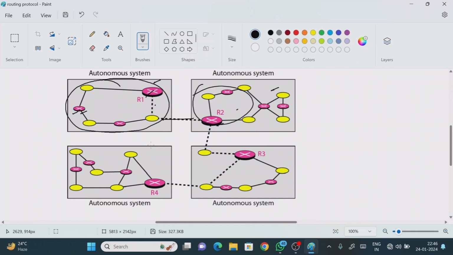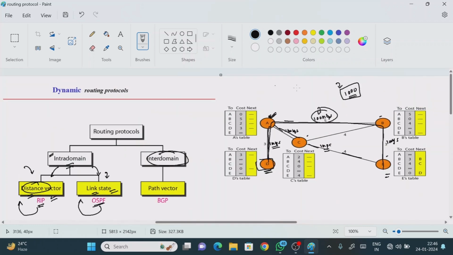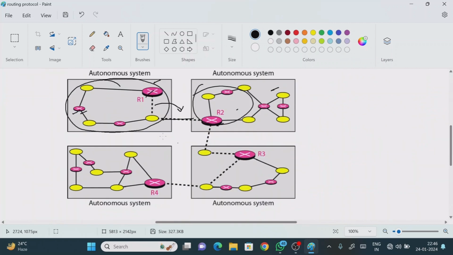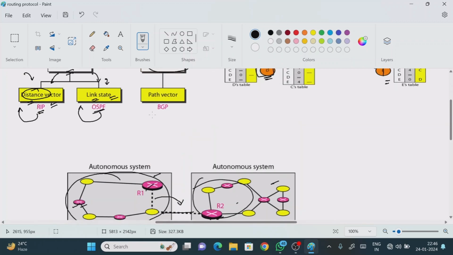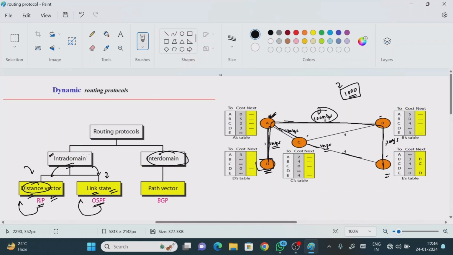Don't think it will share the entire database of one autonomous system with another. It will just share a high-level abstract of the autonomous system. So when it comes inside, the intra-domain routing protocol which is already there is used.